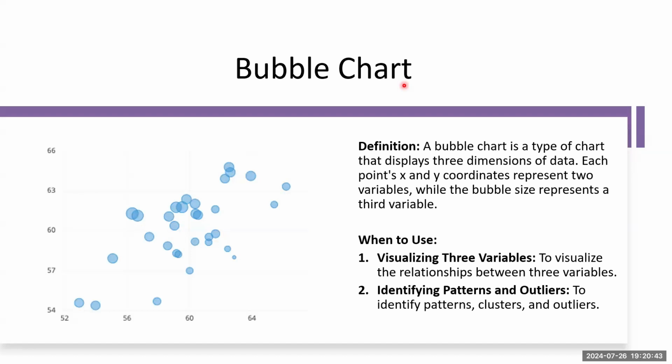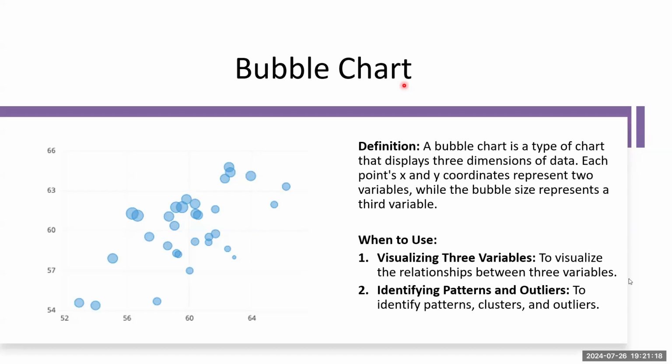Okay, so the other one that we looked at where we were showing relationship between variables was the scatter plot, right? We mentioned that the scatter plot shows the relationship between two variables. Here we are looking to visualize the relationship between three variables.